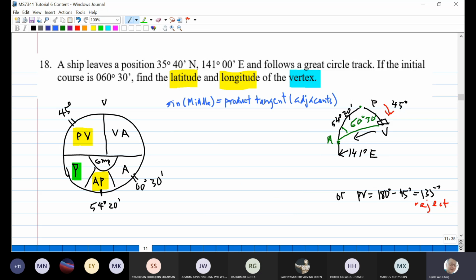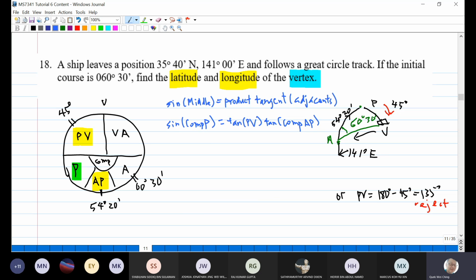So middle part is P now. And it happens that this is in the lower part of the wheel. So this is actually sine of com P. Okay, angle P. Now the tangent of PV on top and tangent of com AP, right?